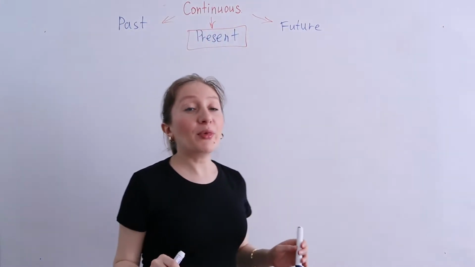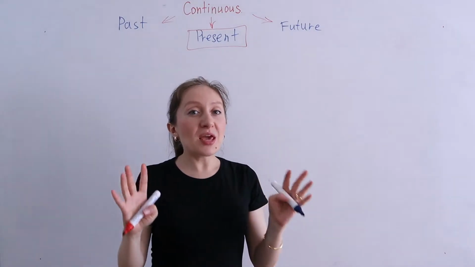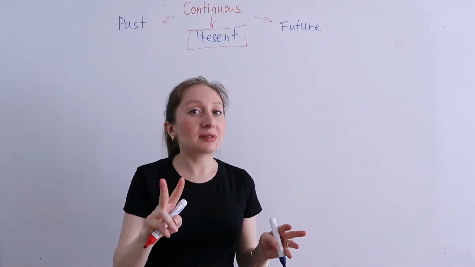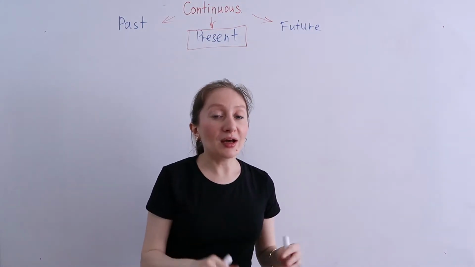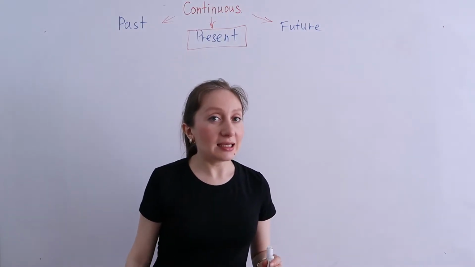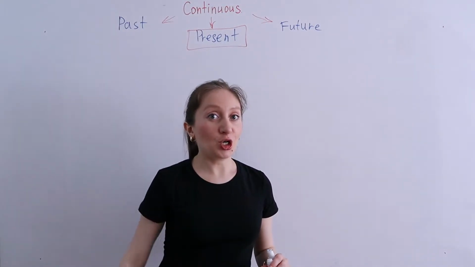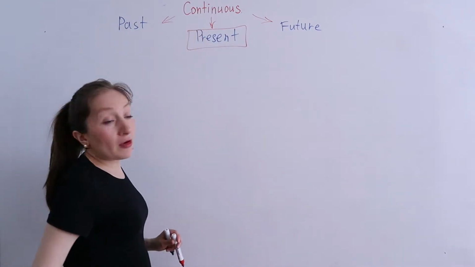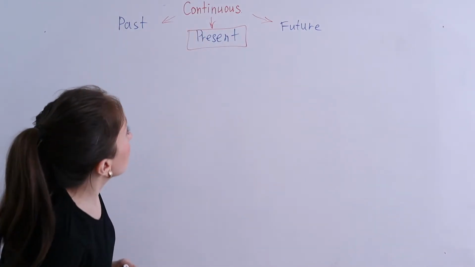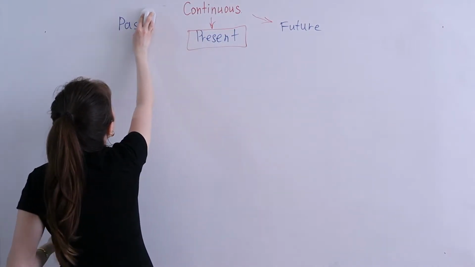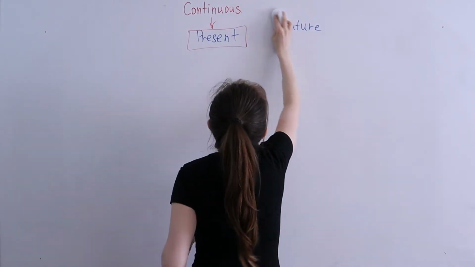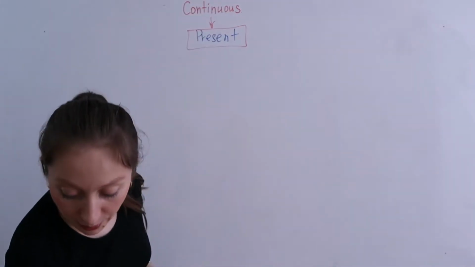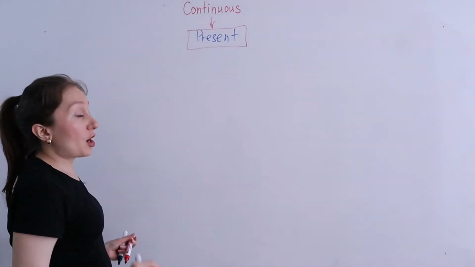And as you remember, we have the main 2 rules of how to study grammar. Number 1 is know the structure. So we will talk about the structure of present continuous tense. So I will clean this for now. All right? So number 1, the structure.